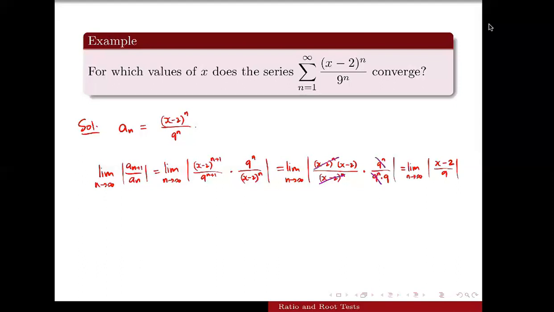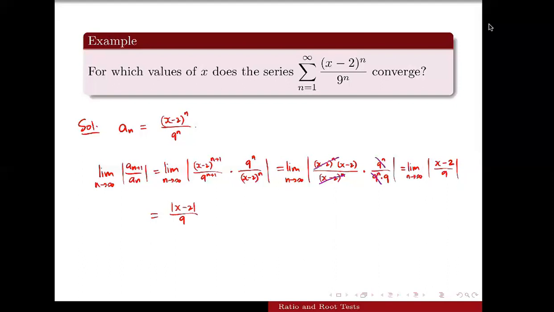But notice, this guy here doesn't have any n, which means this is the limit. So this guy here is the limit, absolute value of (x minus 2) over 9.